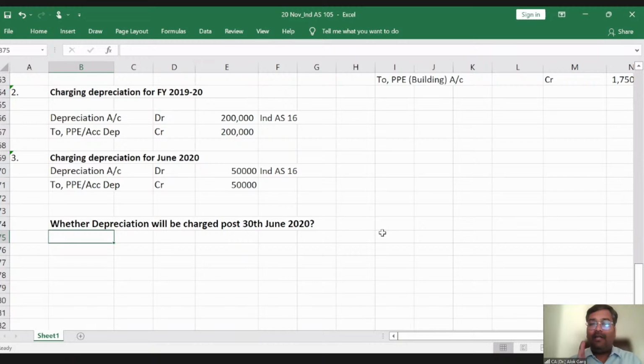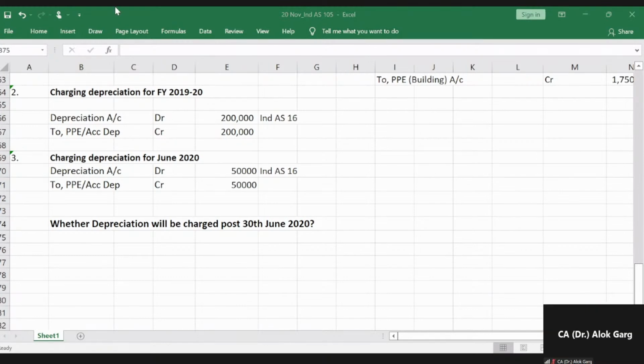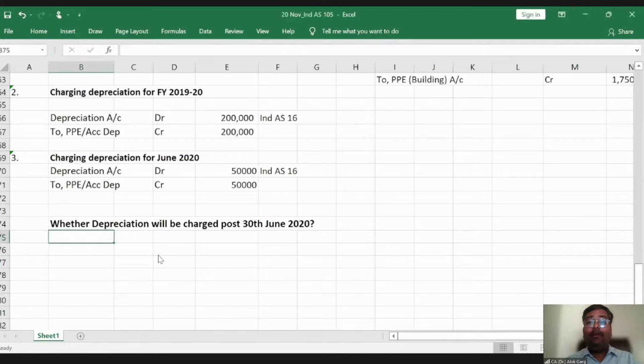After 30th June 2020, Ind AS 16 will not be applicable, right? Whether depreciation will be charged or not, tell me, what is the situation?